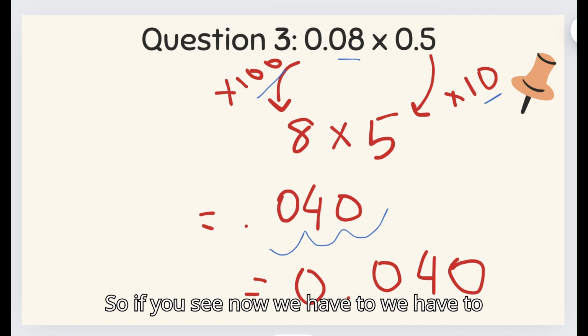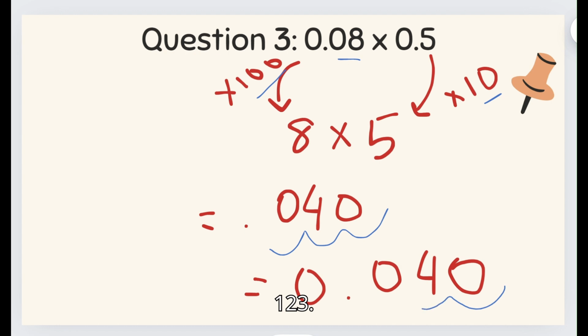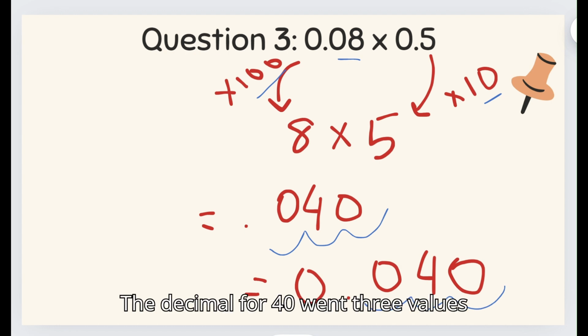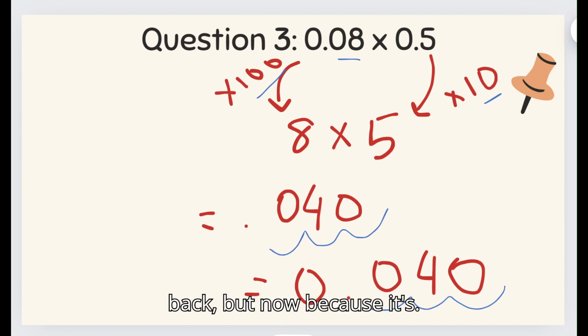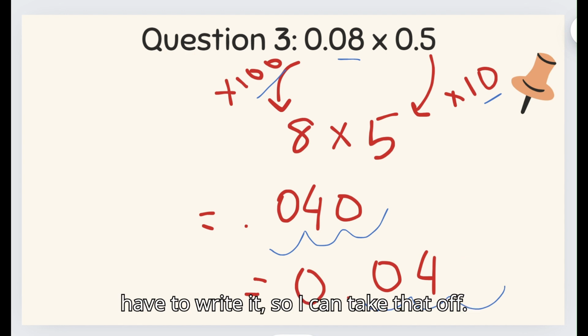So if you see now, we had to take 40 three times back. 1, 2, 3. The decimal for 40 went 3 places back. But now because it's 0.040, I do not need to write my last 0. If my last value from the decimal side is a 0, I do not have to write it, so I can take that off.